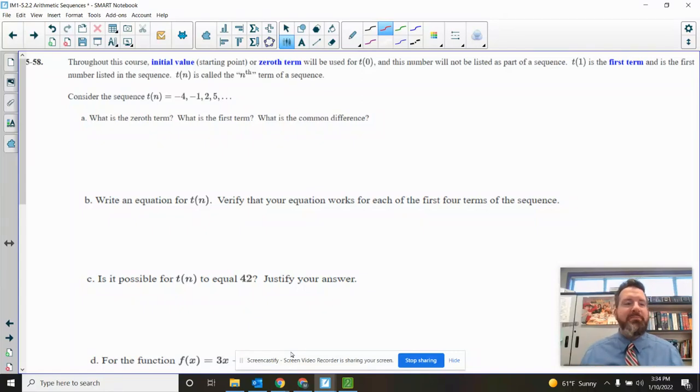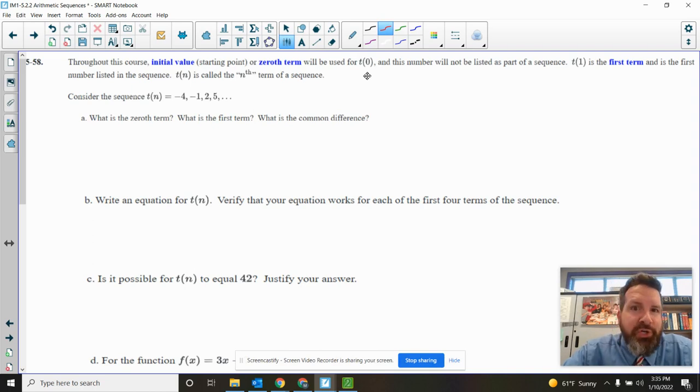Okay, let's talk a little bit more about these arithmetic sequences and what you can get out of them. So, again, referring to your textbook. Here we're now on 558, and a term they're going to use is initial value or starting point or zeroth term. You don't often think about starting with zero when you're counting. It turns out when you're doing your math, sometimes that does make a little bit of sense.